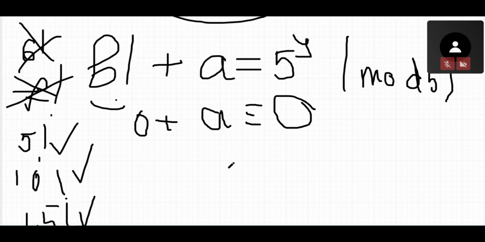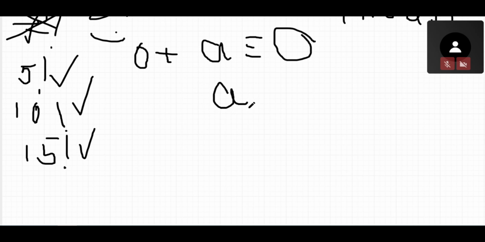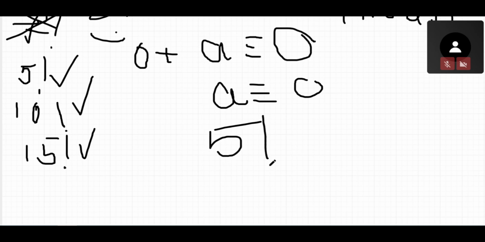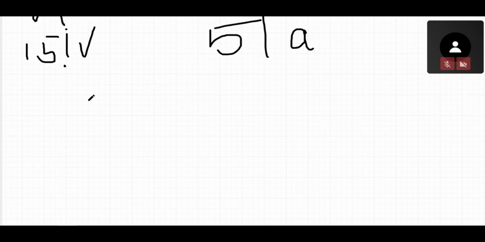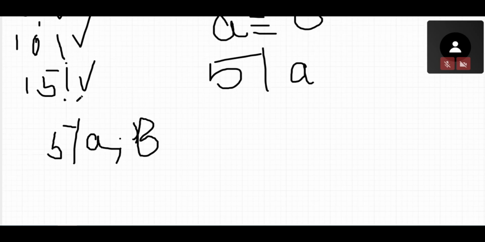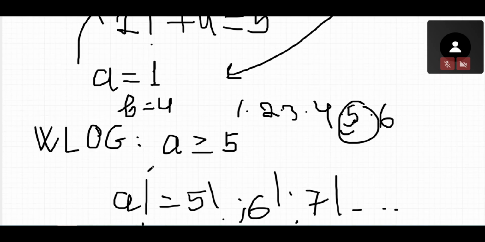We got a, and if a is equivalent to 0 mod 5, it also means that a is divisible by 5. What do we get from this? We get that a and b are both divisible by 5, in the case that a is bigger than or equal to 5.